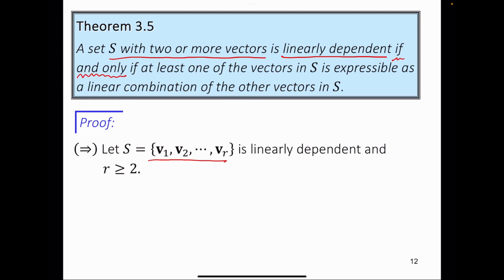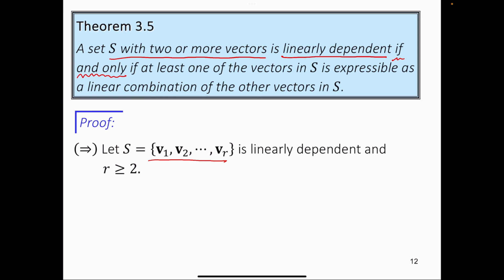We may recall that linear dependence means that whenever we write the equation where the right hand side is the zero vector and the left hand side is the linear combination of all vectors in S, then the solution for the equation, which is the values of k1, k2 up to kr, is not necessarily trivial.